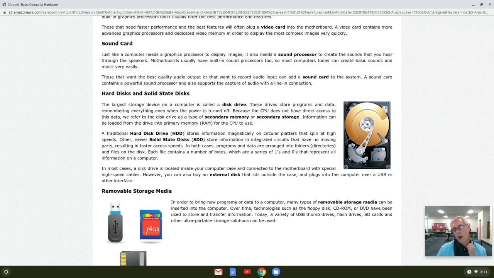And that's what a hard drive looked a lot like. Back in the 70s, a hard drive was as big as a washing machine, it was just huge and held very little. Now you can have multiple terabytes on a hard drive.